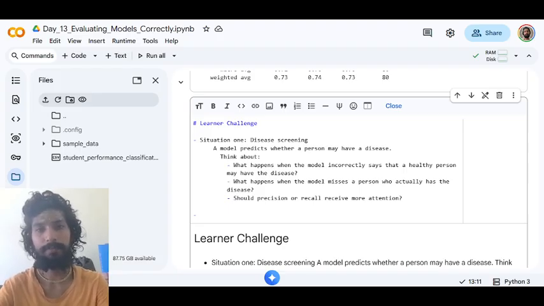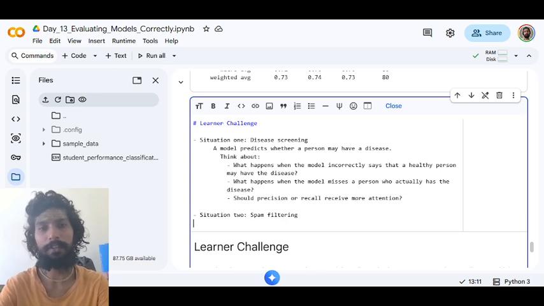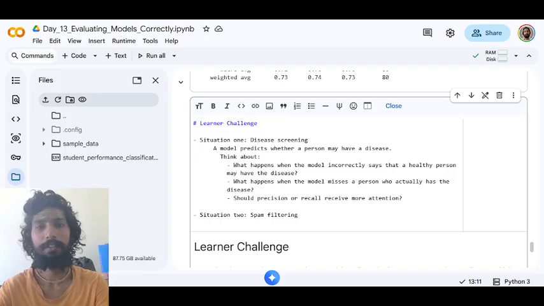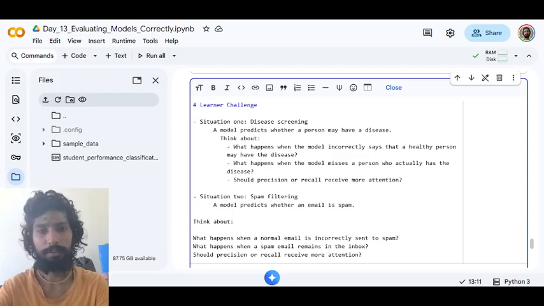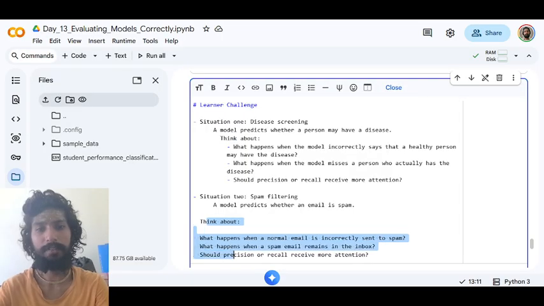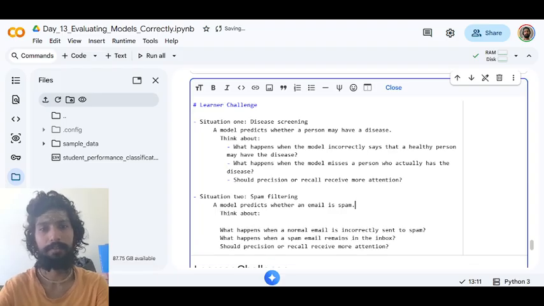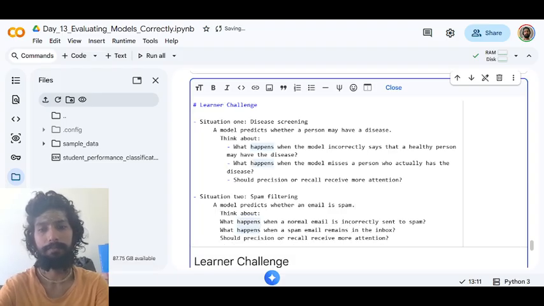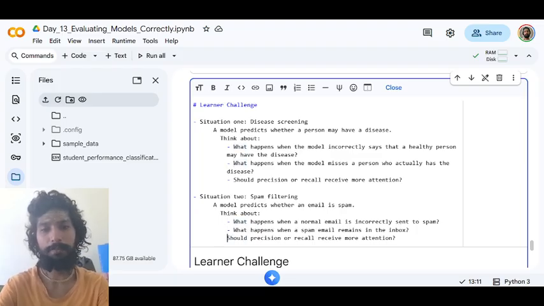Situation two is spam filtering. A model predicts whether an email is spam, and you have to think about what happens when a normal email is incorrectly sent to spam.